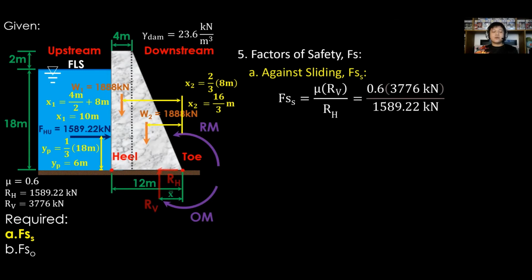Net vertical force represented by RV as 3,776 kilonewtons and net horizontal force represented by RH as 1,589.22 kilonewtons. Therefore, Fs sub S is equal to 1.426. Greater than 1 means safe from sliding, even though it is lower than 1.5, the conservative factor of safety.